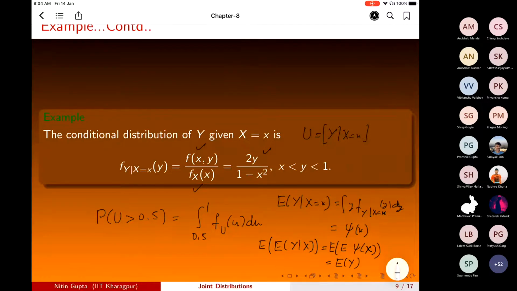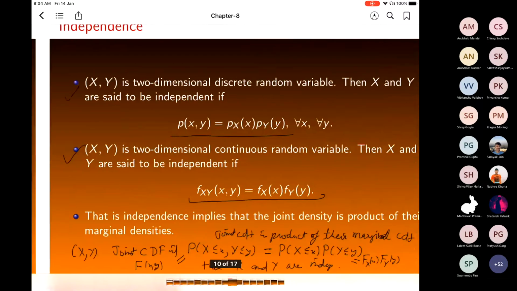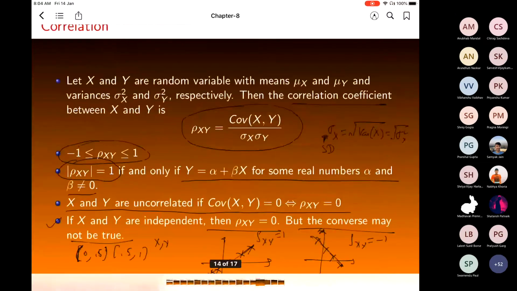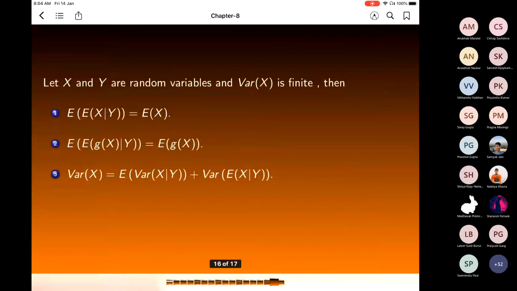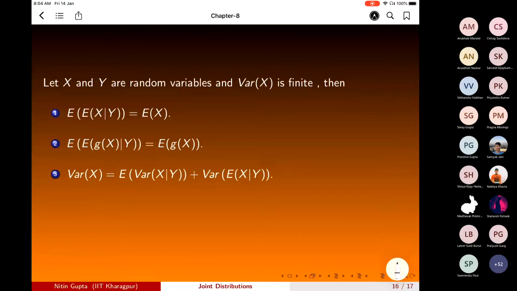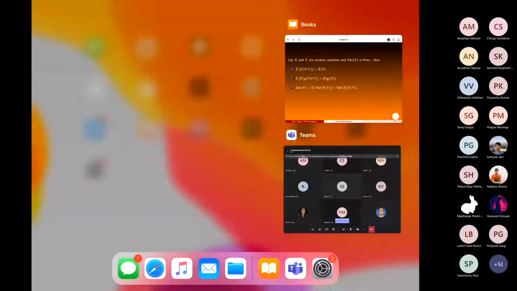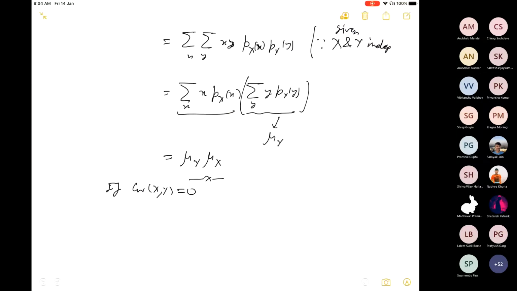So in this fashion, let me just write down the general result. The expected value of x given y is equal to the expected value of x. So proof, let me just show you.